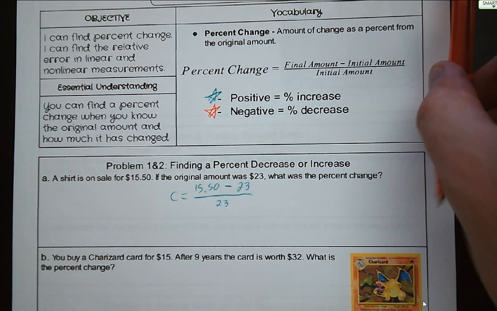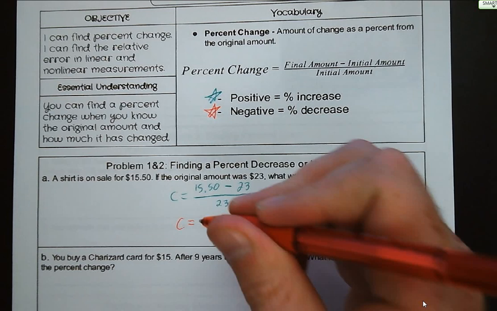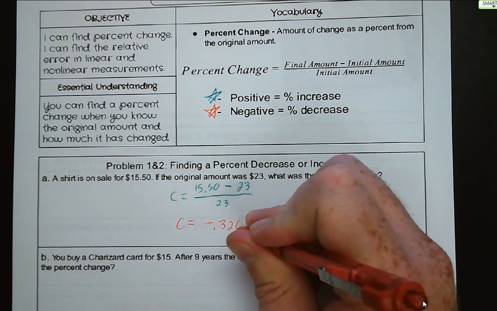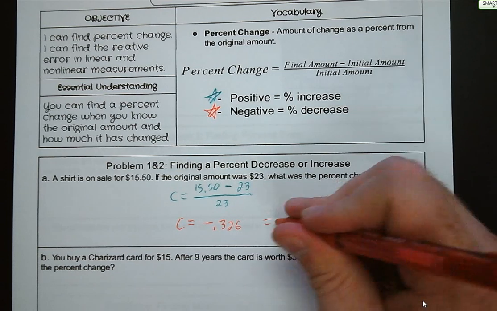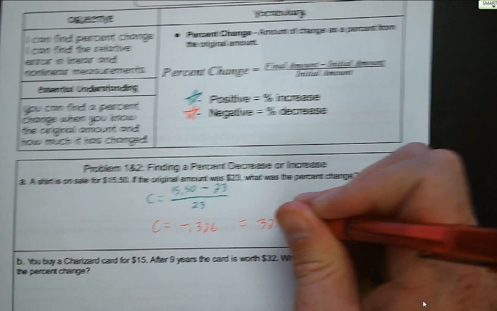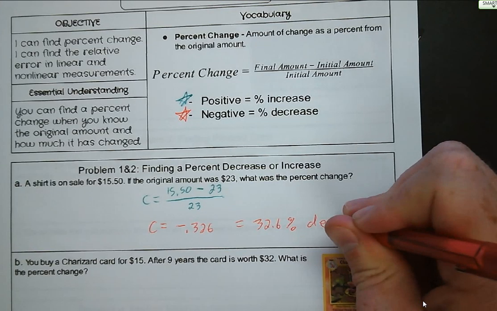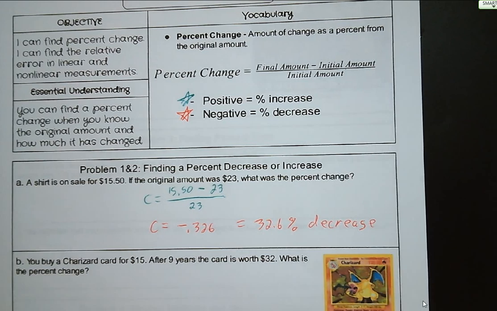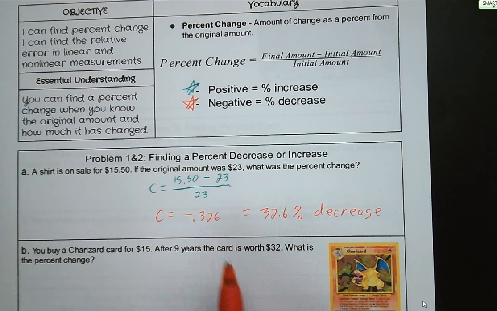When you type that into your calculator, you get that C is equal to negative 0.326, which means it is a 32.6% decrease in price.